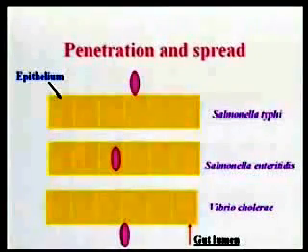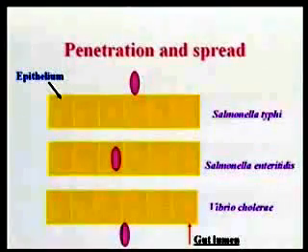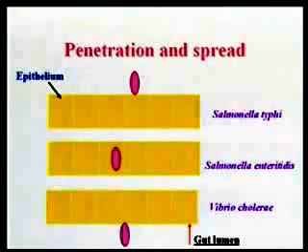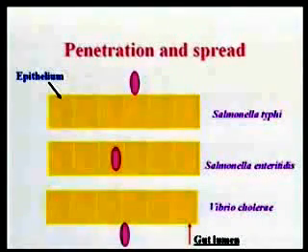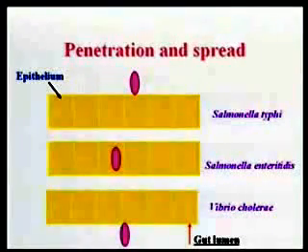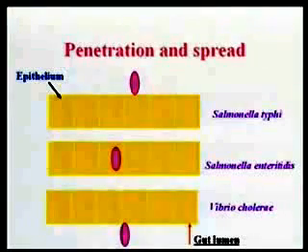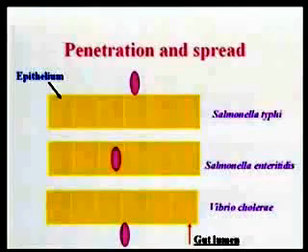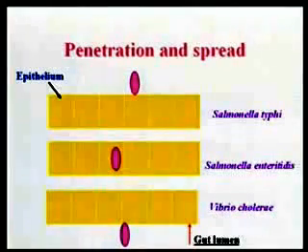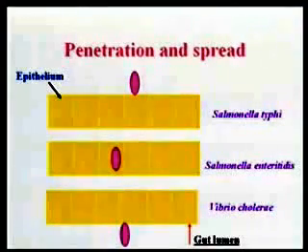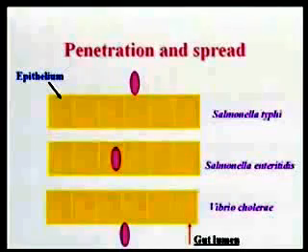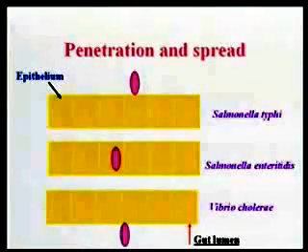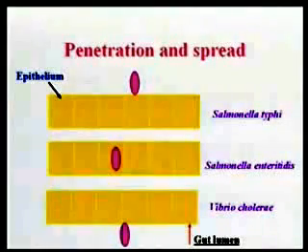All right, now, another thing I want to talk about is penetration and spread. Most organisms cannot penetrate the human skin or any other. As an example, it really is a very major barrier. But once it gets to the intestine or the respiratory tract, things are a bit different.